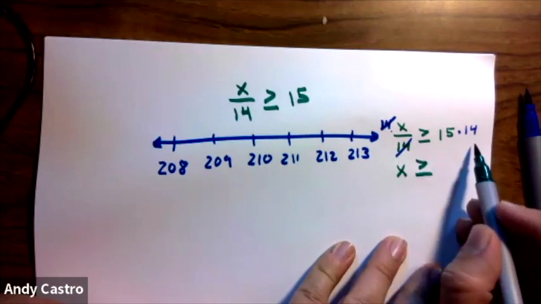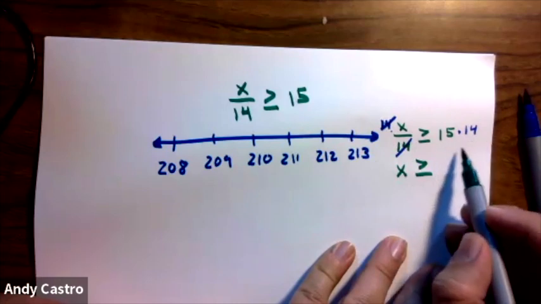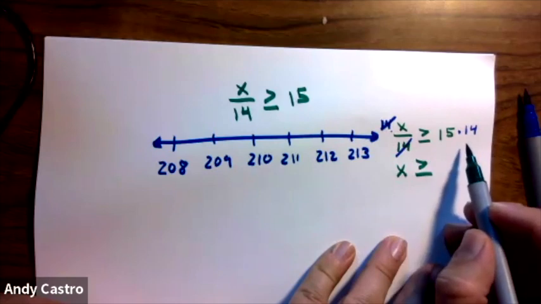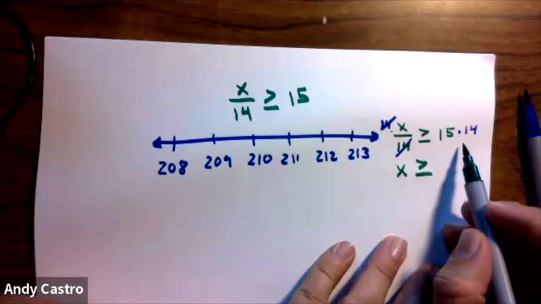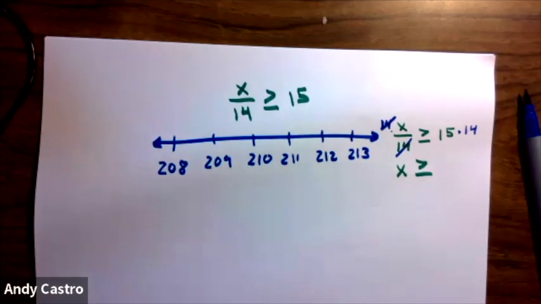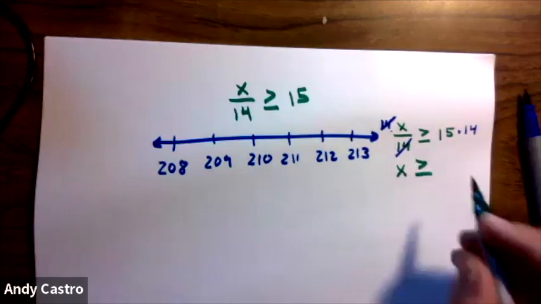Now I just have to do 15 times 14, and that's going to be 5 times 4 is 20, 10 times 10 is 100. That's 210.